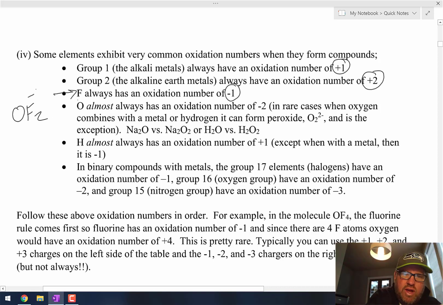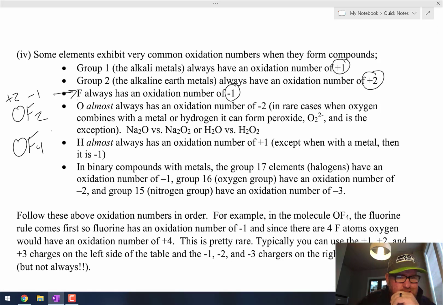So fluorine is -1, and therefore oxygen in this case must be +2 to cancel out. Okay, that only happens with fluorine though. Fluorine, and really that's maybe like OF4 or something like that. But really that's the only time that fluorine is going to come before oxygen does.